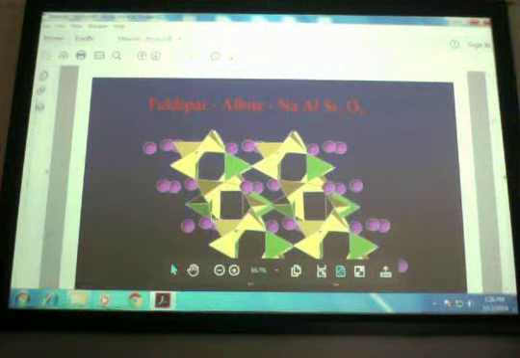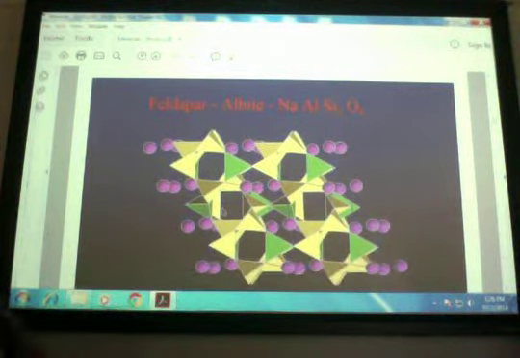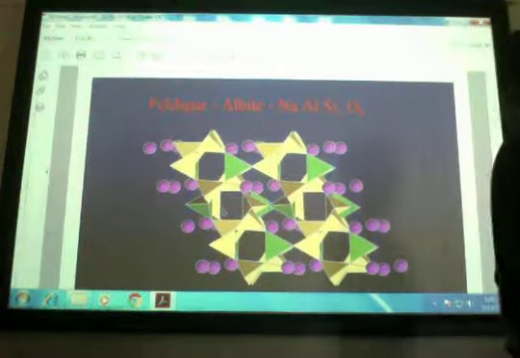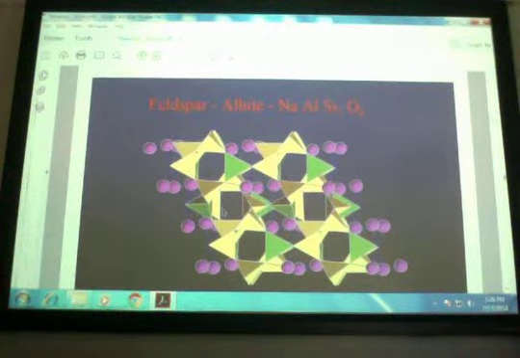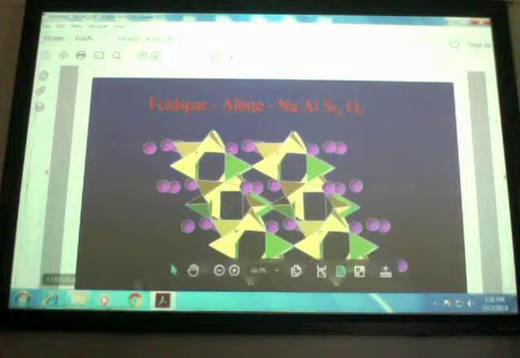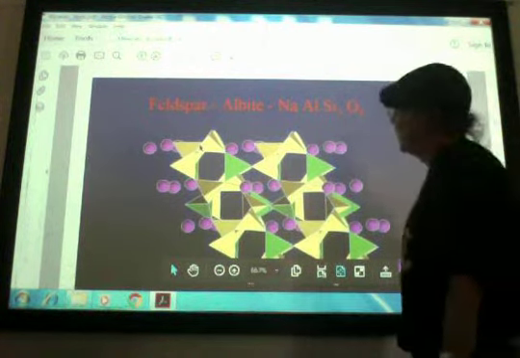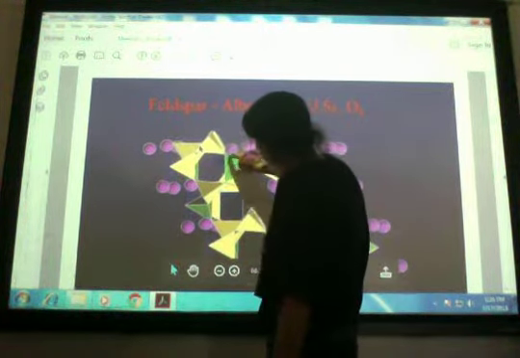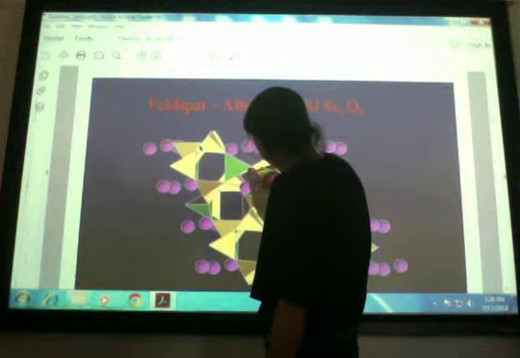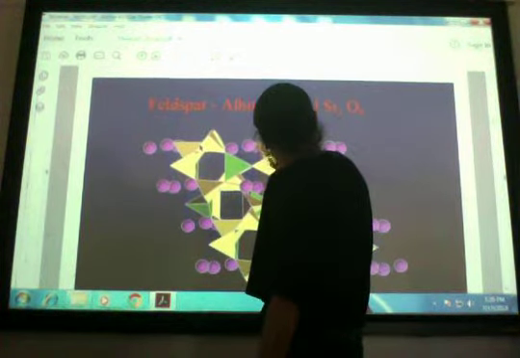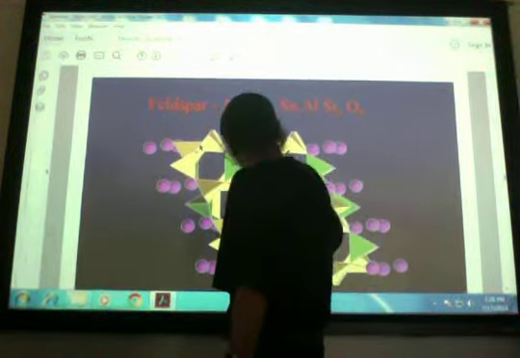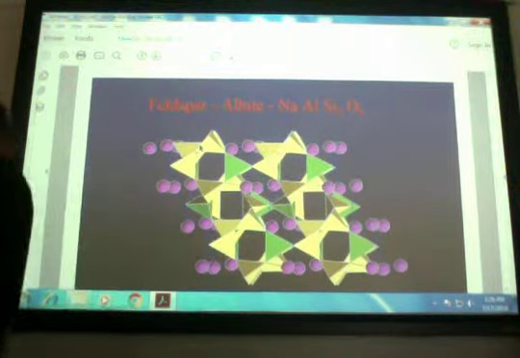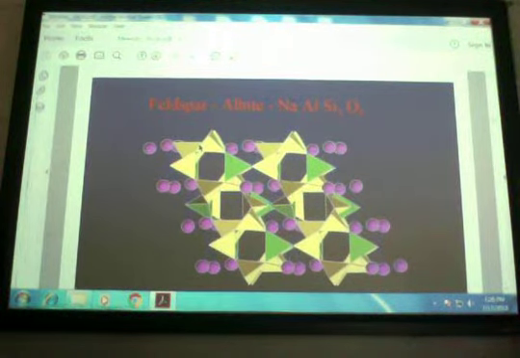And here we have, for example, the feldspar, that is the albite, that is this guy, yeah? Then we have here the linked silica tetrahedrons, and here we have these bubbles. And these bubbles are then the sodium, yeah?